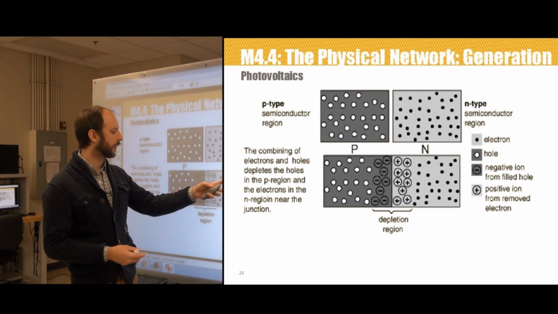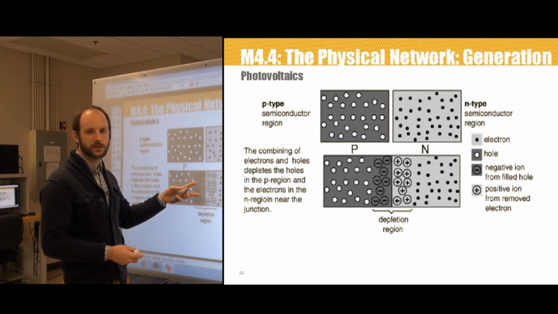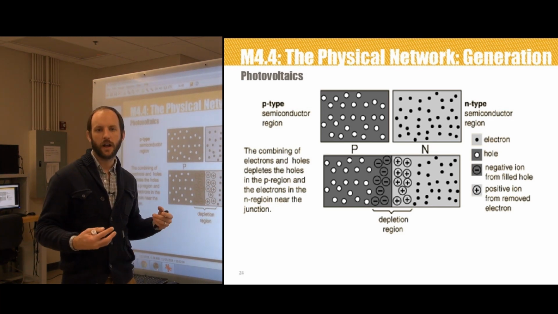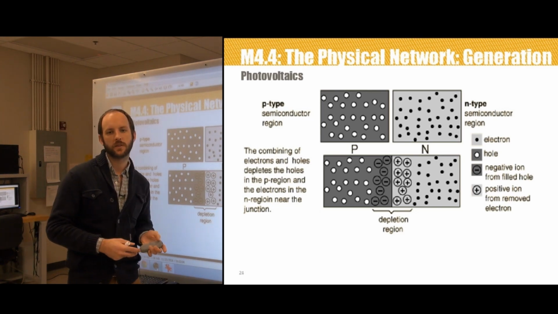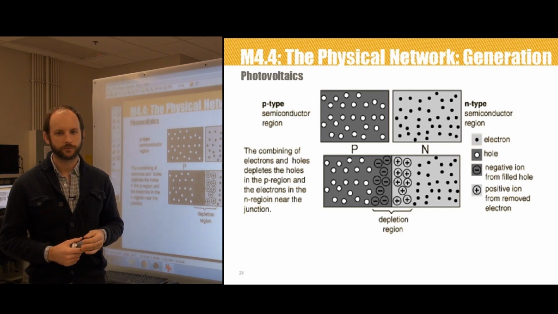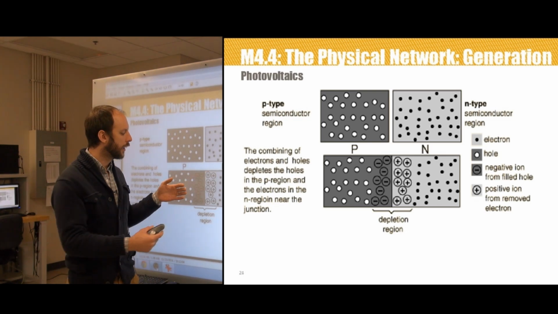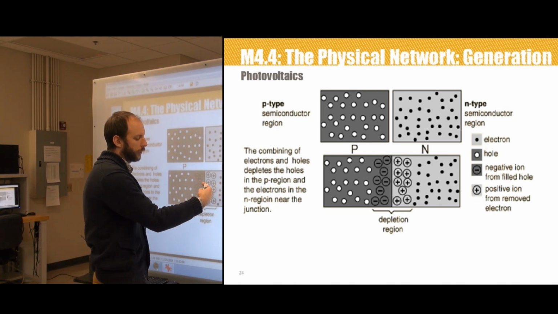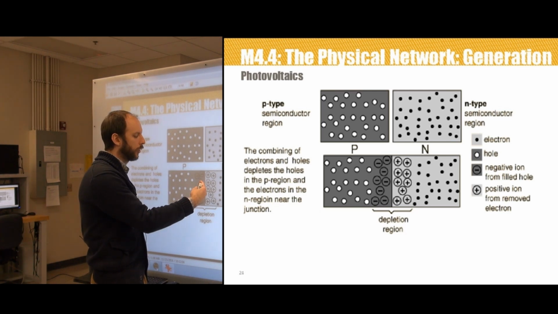These electrons, in essence, are going to fill the vacancies that the holes have, and these holes are going to fill the vacancies that the electrons have, and then they recombine. This is called recombination. So at the p-n junction, electrons are flowing under a diffusion current in this direction, recombining over here with the holes.